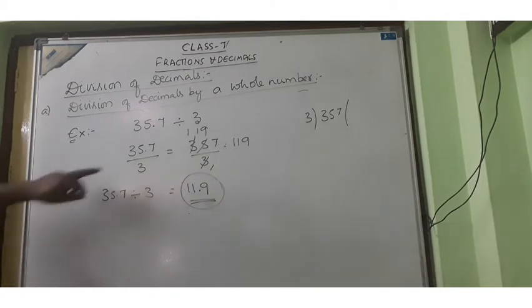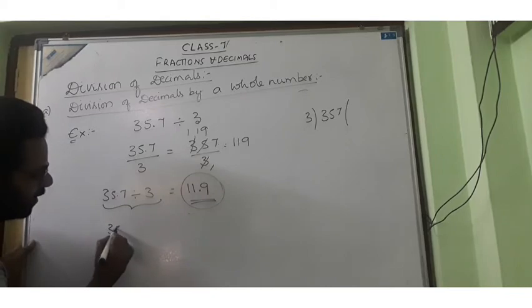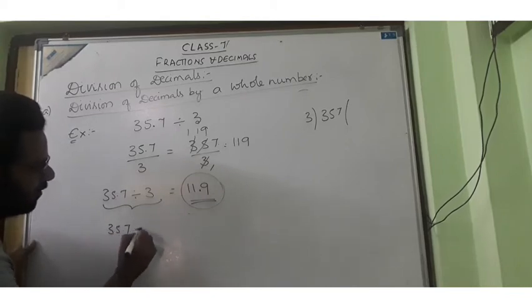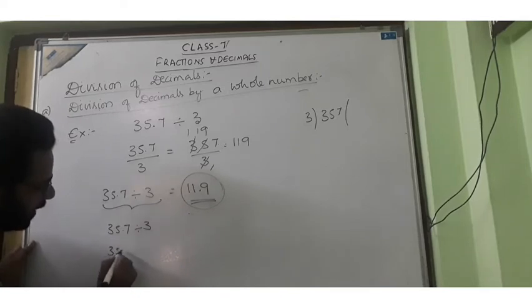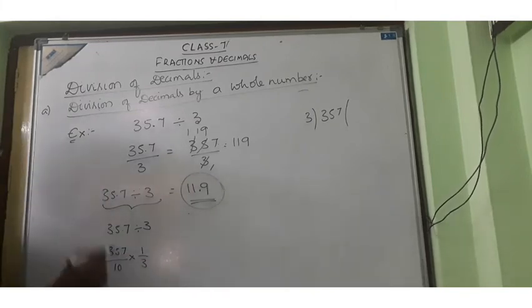Like this, any number, we can divide the decimals like this. Understand? Okay. For this also, basically how did we get it? 35.7 divided by 3 means 357 by 10 into 1 by 3. We have to convert like this.